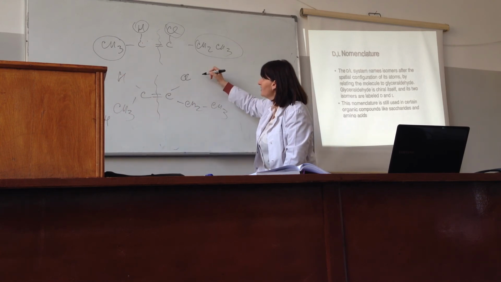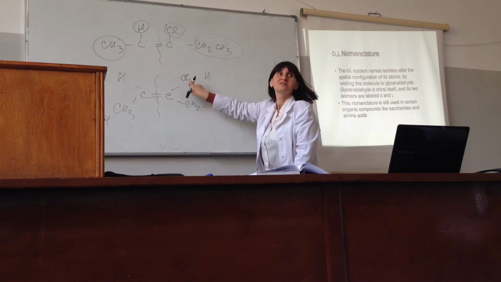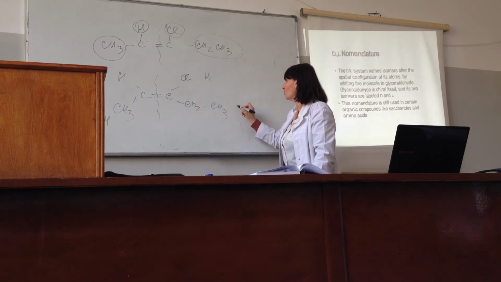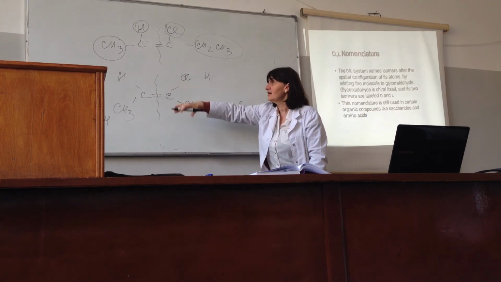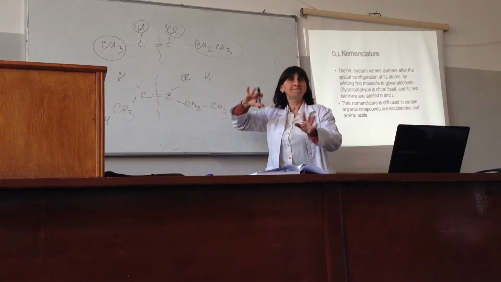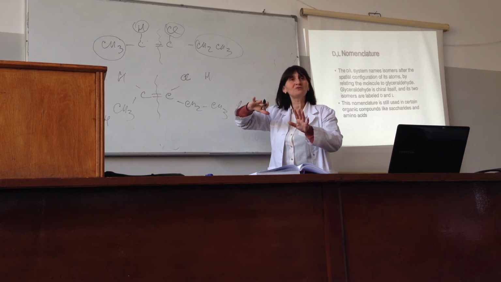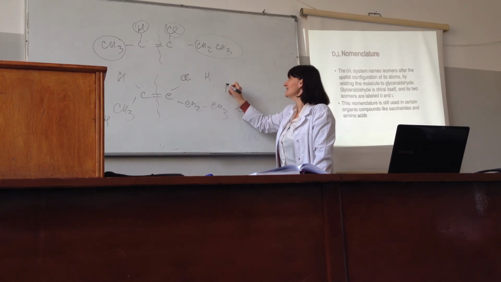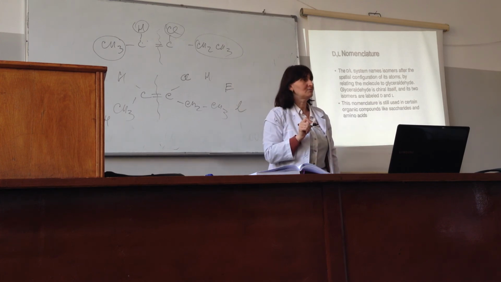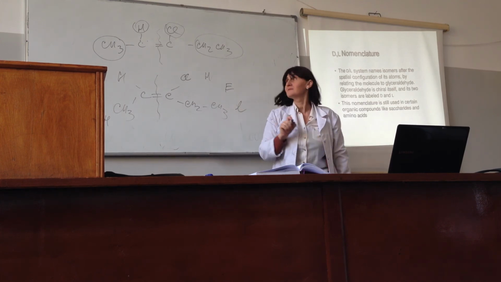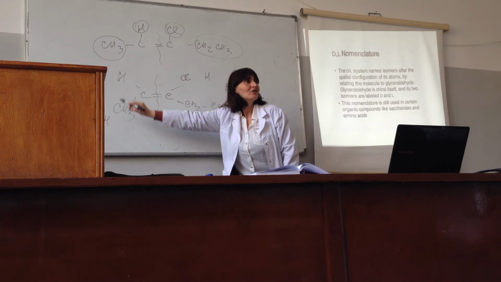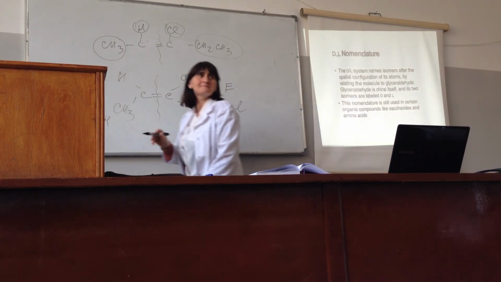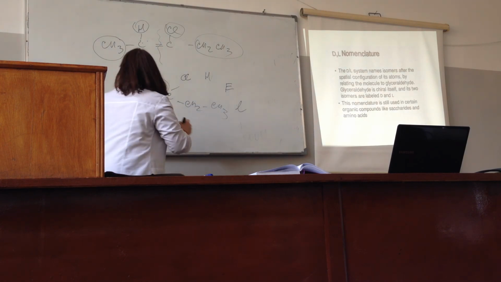With the second carbon, this has higher priority than this group. Look here, your same priority groups are on opposite sides. So that's why this one is E. High, low, low. You see? Like the trans. This is E.